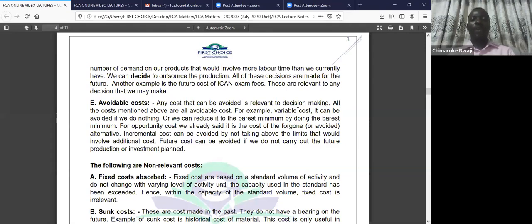You can avoid attending this class by not paying and using the money for the alternative item that takes precedence. So that would mean that this class that you have forgone, which is the avoided cost, becomes an opportunity cost to the new item that you have used the money on.